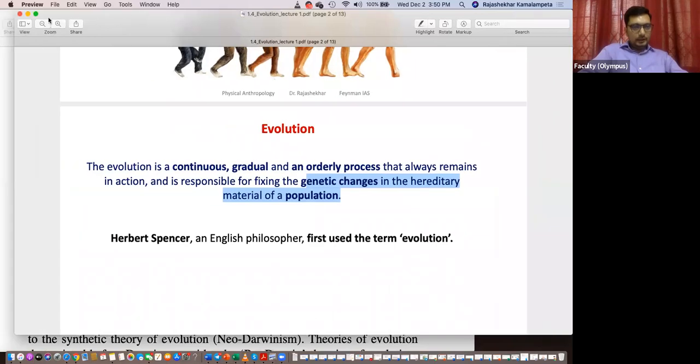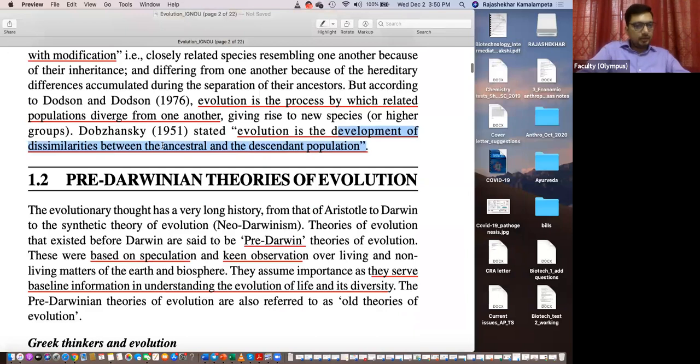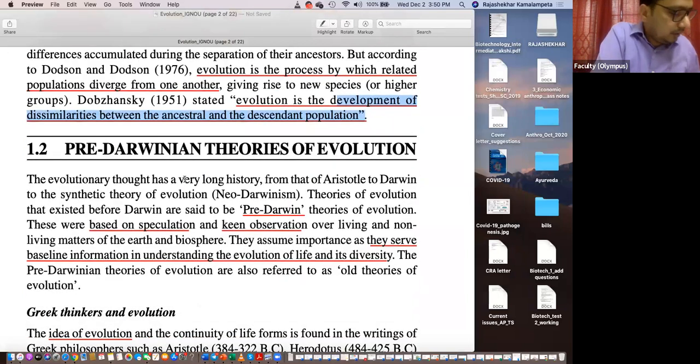Okay, now let's see the various theories that came before Darwin. As per the syllabus, these are the pre-Darwinian theories of evolution that we are going to talk about. There are so many ideas. I'm going to talk about a few selected ones. We don't have to know all of them, but a few major theories that came before Darwin.